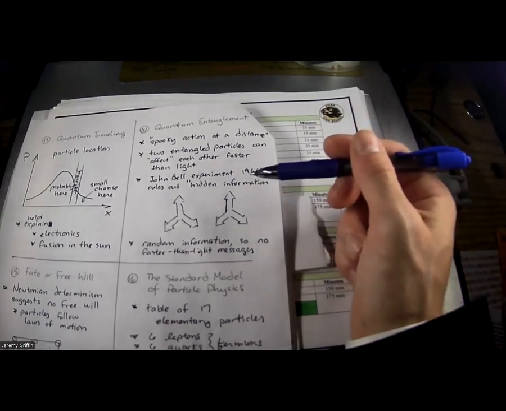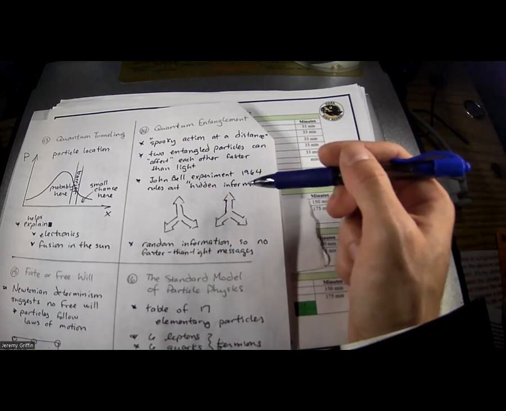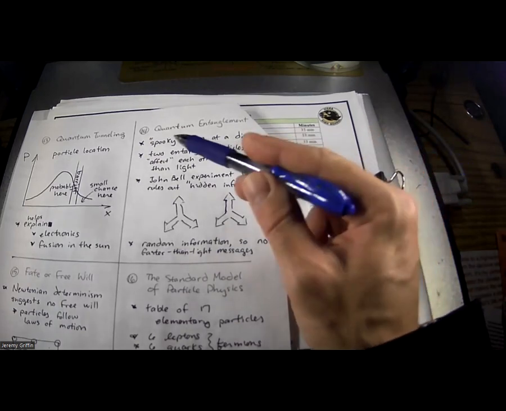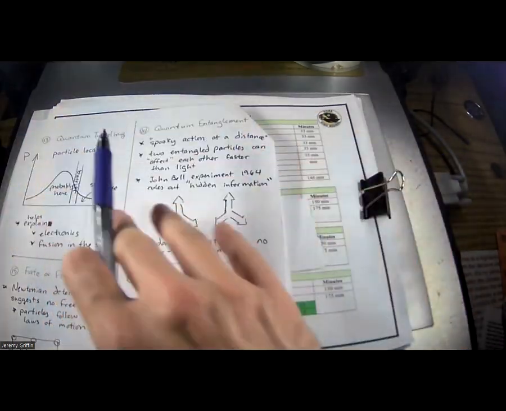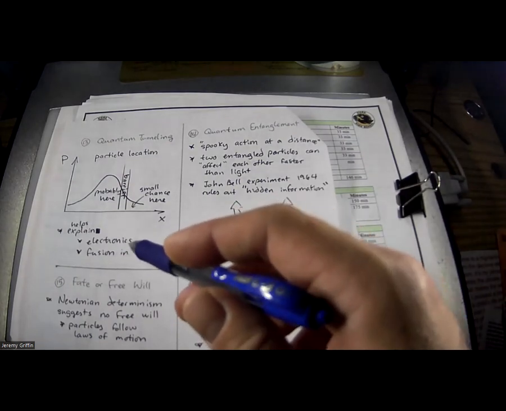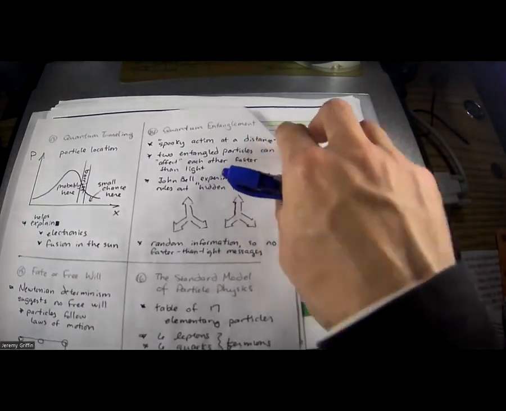Right. So John Bell was trying to test for: is there really this hidden information that would have dictated ahead of time how the electrons would have spun, and therefore you don't have to worry about this whole faster-than-the-speed-of-light thing, or was it really truly probabilistic, and we really collapsed the probabilities to one spin definitely or another upon measurement. So we run back to the whole measurement problem, which ends up, by the way, spoiler alert, being the answer to this.